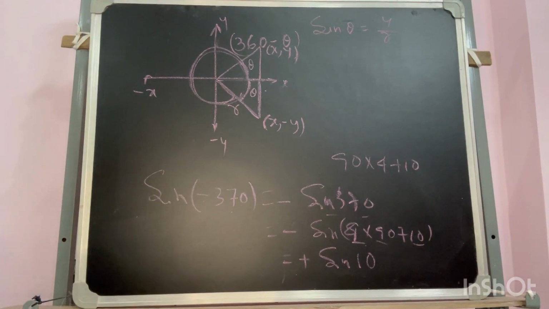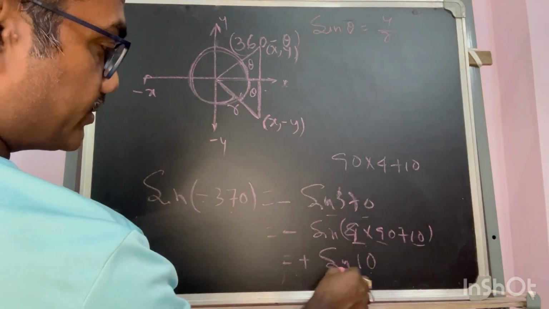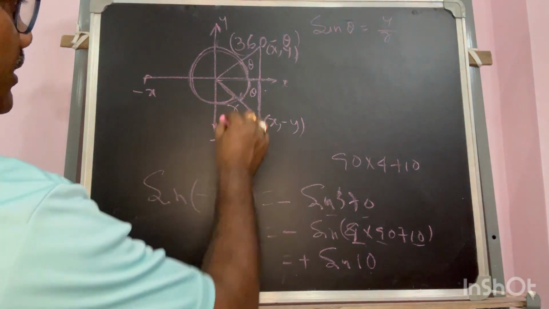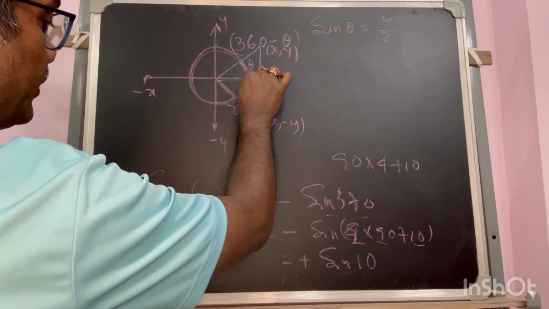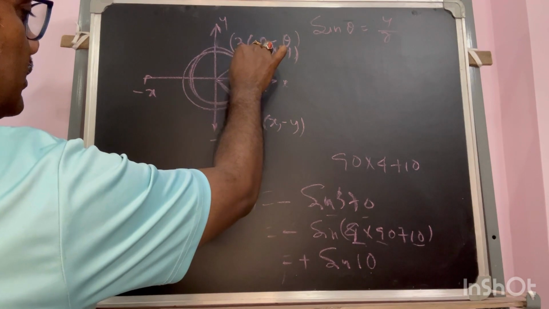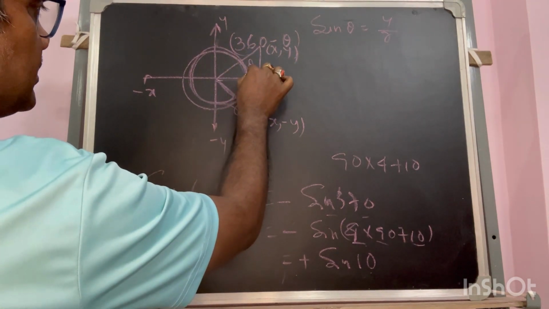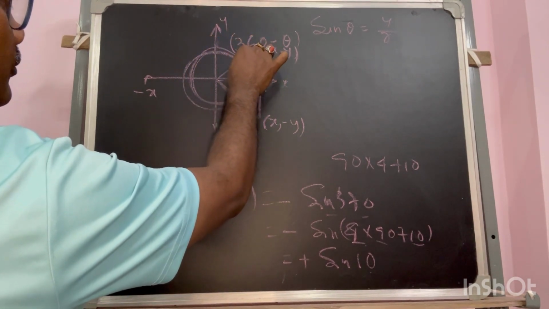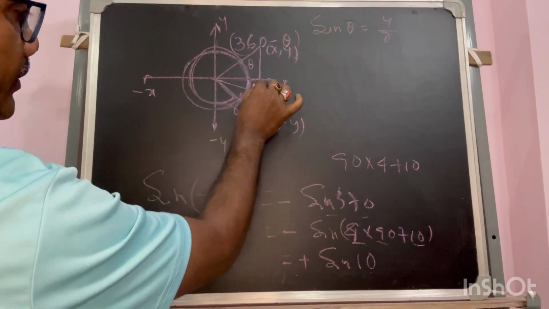Okay, now why is the plus of sine theta coming? Actually minus 370 means it is moving in a clockwise direction through 370 degrees. So 370 is 360 plus 10.